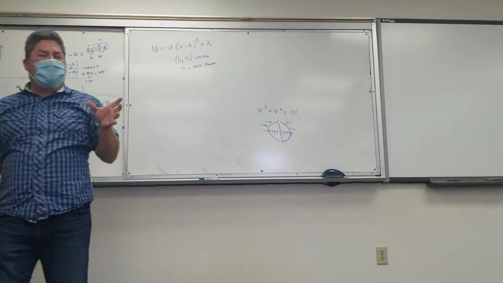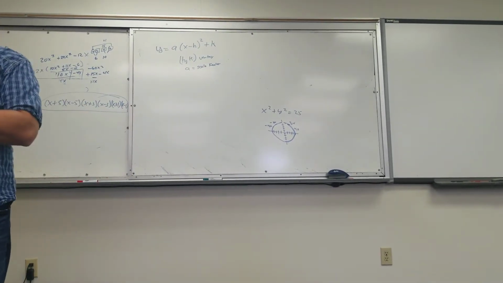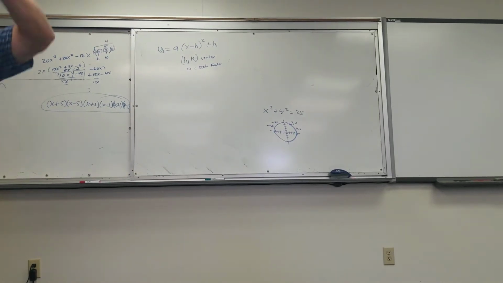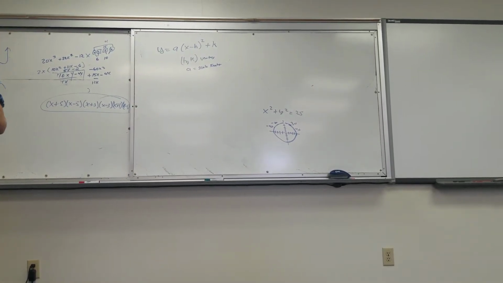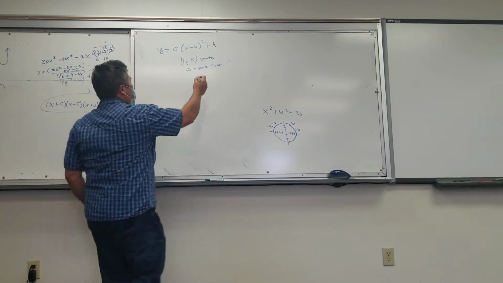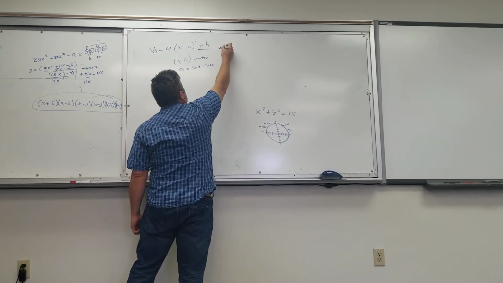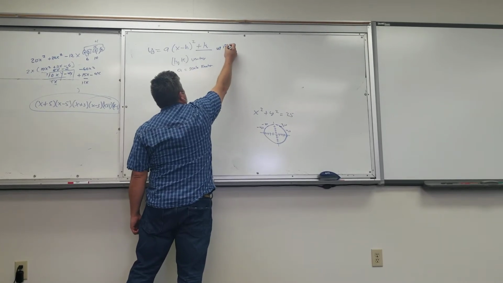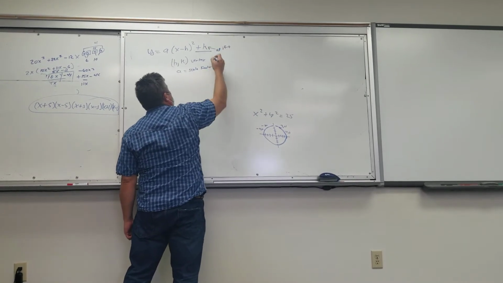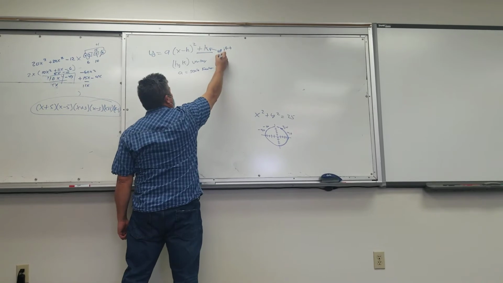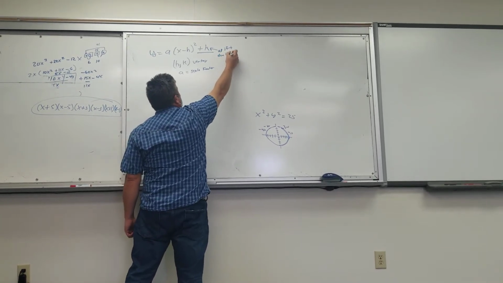We've already added to an x squared value, and what did that do? It moved it either up or what? Down. So the k value moves up if positive, or down if what? Negative.